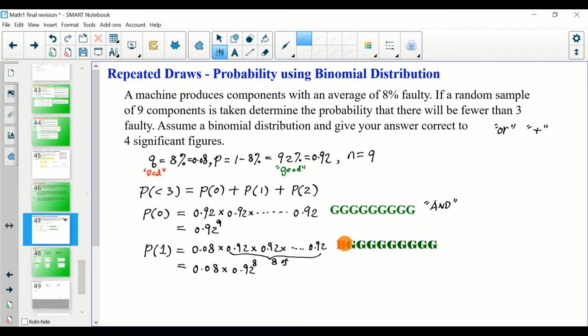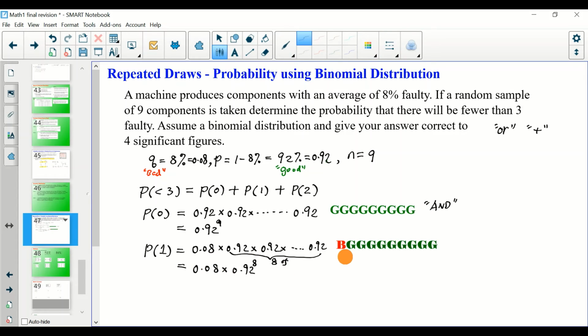But you say, hang on a minute, that's not the only way that you will get one bad product. The bad product doesn't have to be the first one, it could be the second one, third one, fourth one, and it could be any of those 9 products. So for you to get an outcome of one bad product, there are actually 9 different possibilities. So this probability you've just written down is only one way that you can get a bad product.